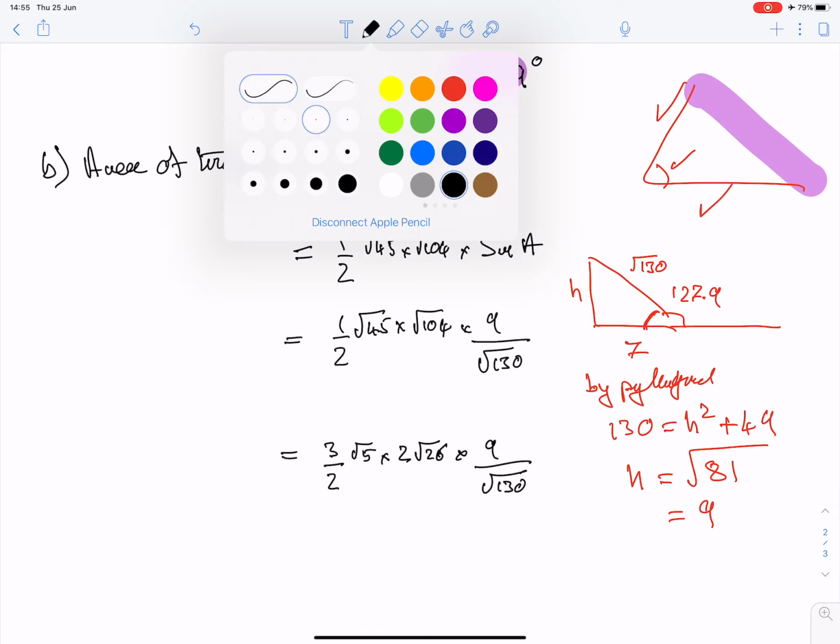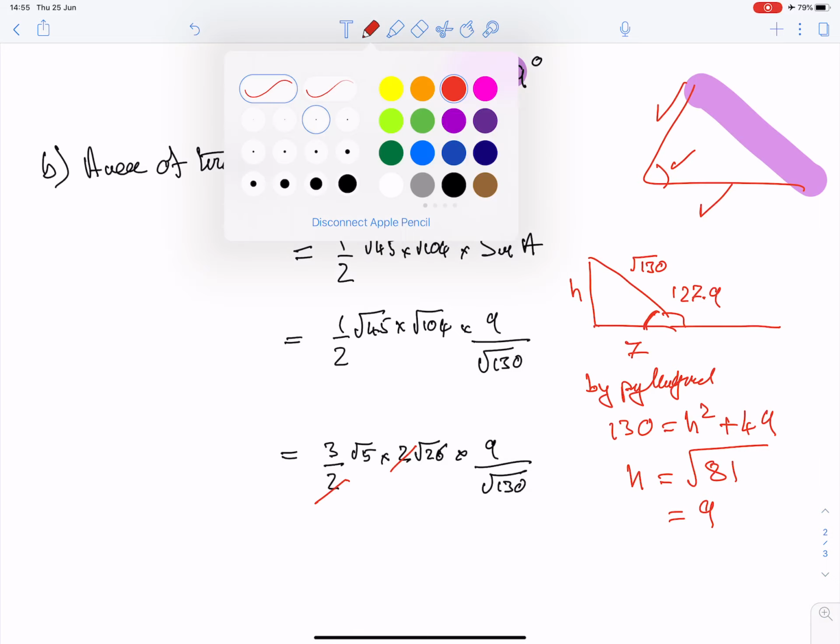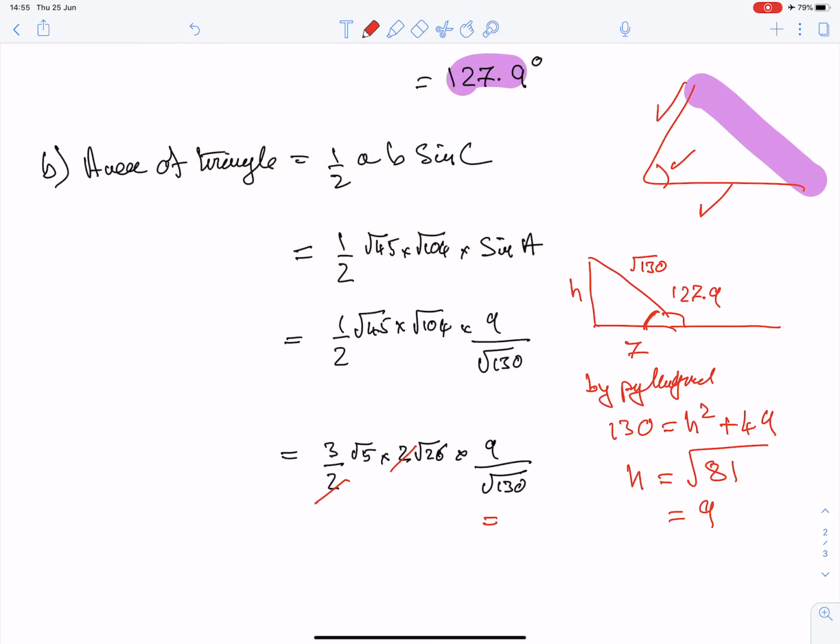So the 2's look like they cancel. Root 130 is equal to root 5 times root 26.